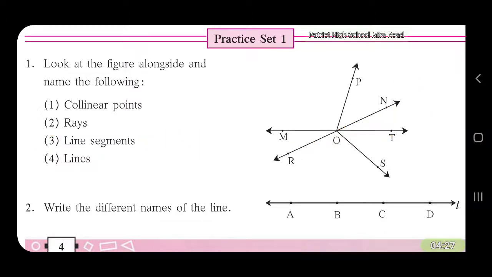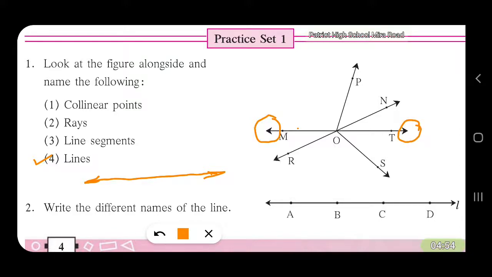What is the definition of a line? It should have arrowheads on both the ends. Otherwise, it is called a line segment. So we have MT. MT has an arrowhead here and an arrowhead here on both the ends.